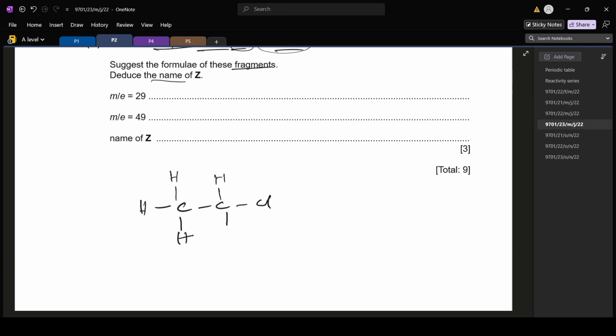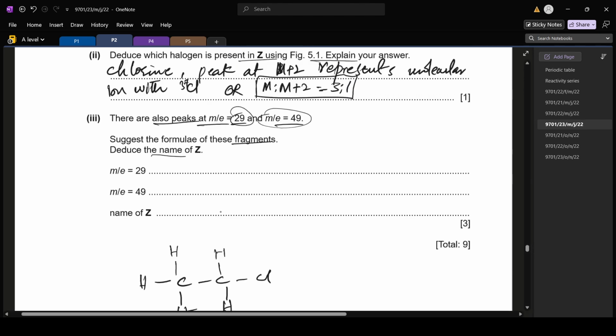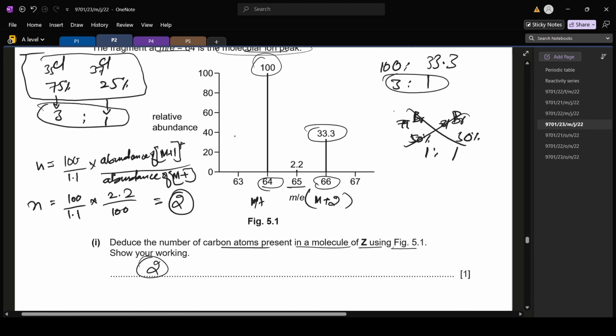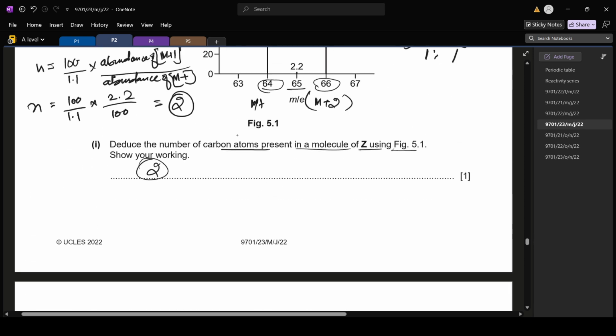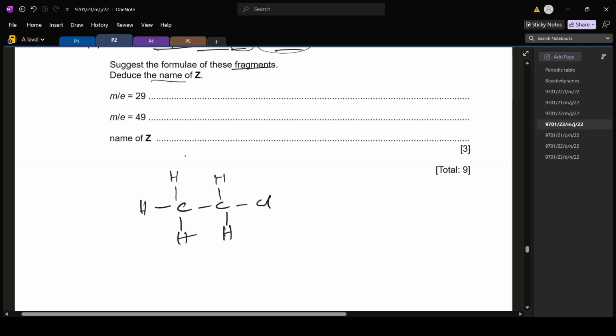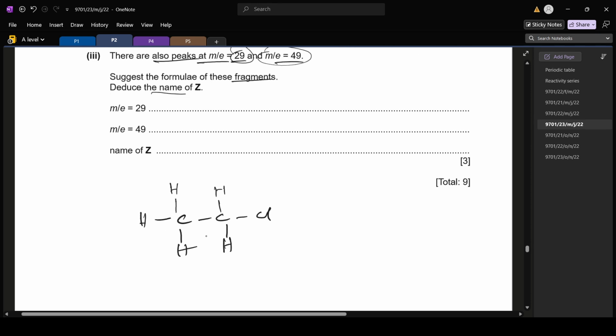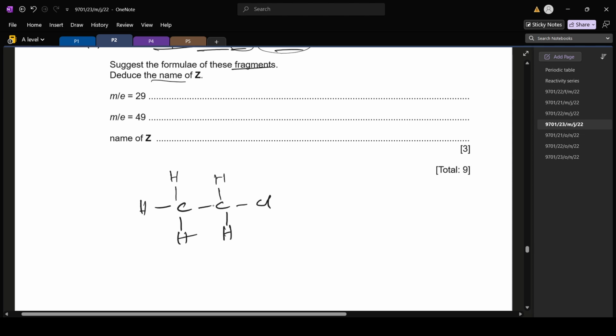If I draw the structure, we don't know exactly how many halogens there are, but let's say it contains 1 halogen, for example. We'll check now whether it contains 1 halogen or 2 or more. So let's say this is the structure of Z.